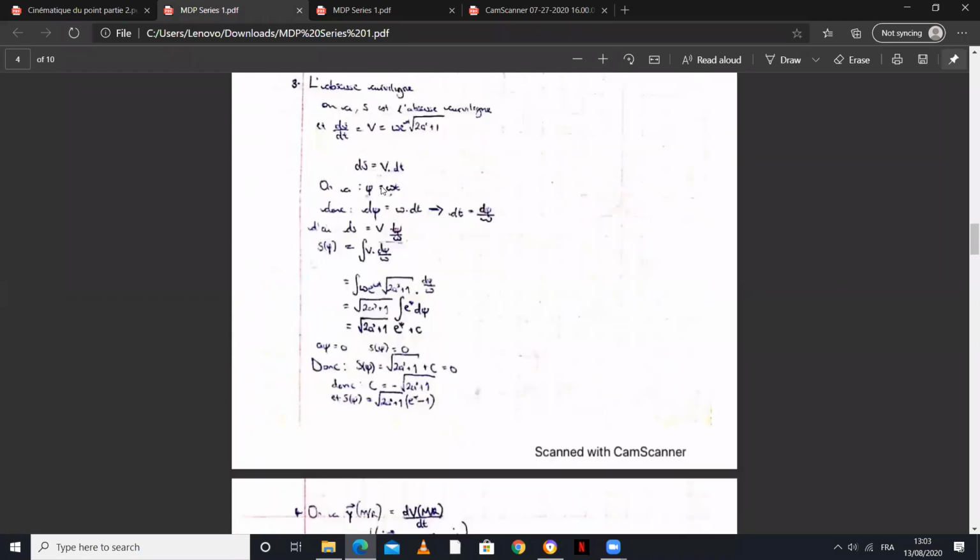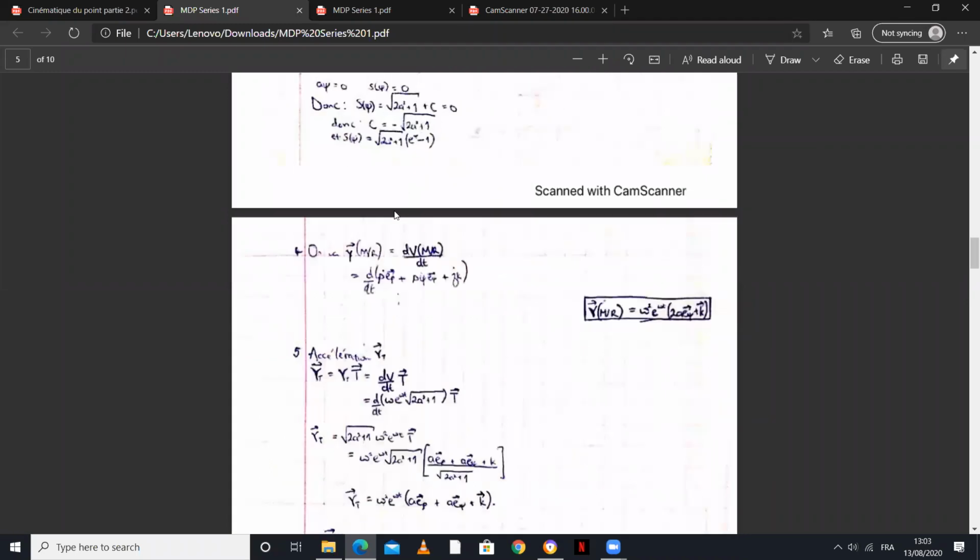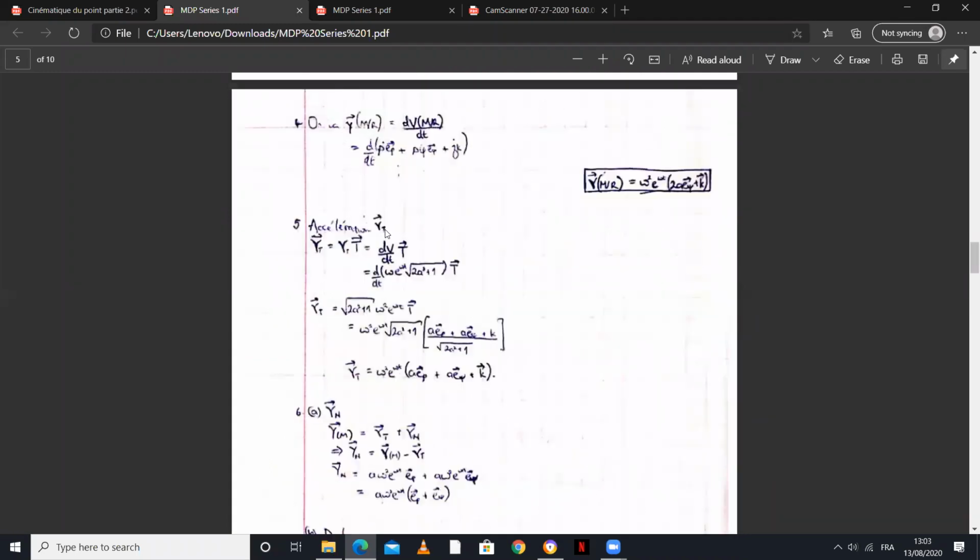So v is equal to omega exponentielle omega t fois la racine de 2a carré plus 1, which is this here. We write it there. So since we're deriving v, we have la dérivée par rapport au temps de omega exponentielle omega t square root of 2a squared plus 1, suivant t.